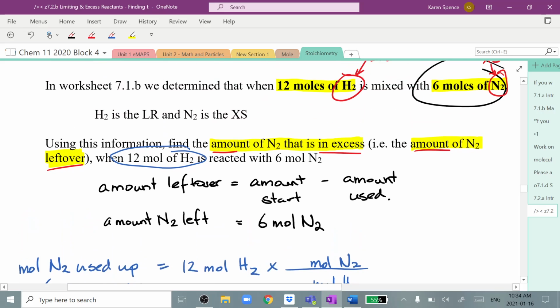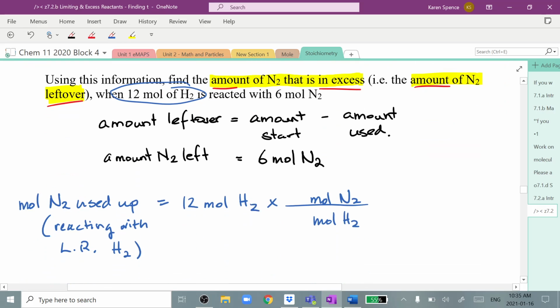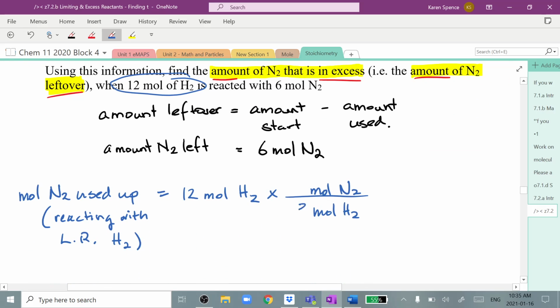Go back to our question, and I've drawn one that looks like a 2, so that's really confusing, but we have a 3 in front of the H2 and a 1 in front of the N2. So there's a 3 in front of the H2 and a 1 in front of the N2. And so we end up with 12 times 1 divided by 3. So that's 12 divided by 3 is 4 moles of N2 used up.